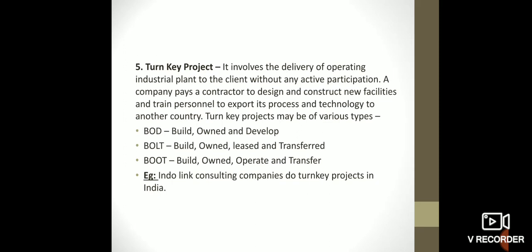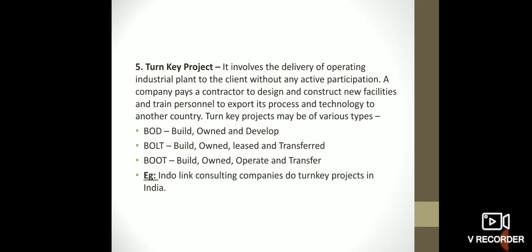A company pays a contractor to design and construct new facilities and train the personnel to export its processes and technology. There may be a training agency or a contract agency that builds a building or factory for the company. Once they have completed it, only then is it transferred to the company.